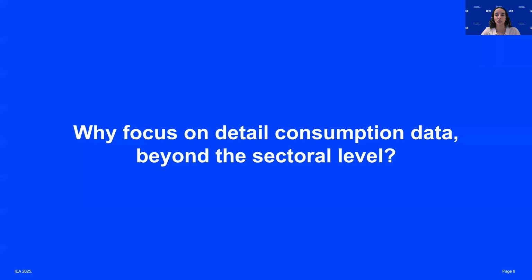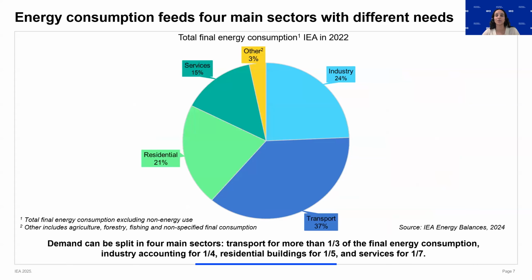But why do we need to look at the demand side of the energy system beyond the sectoral level? Energy consumption feeds four main sectors with different needs. Here at the IEA Energy Data Centre, we categorize energy consumption into four main sectors. Industry, which includes manufacturing and other industries like agriculture, mining, or construction. Services, residential, and transport.